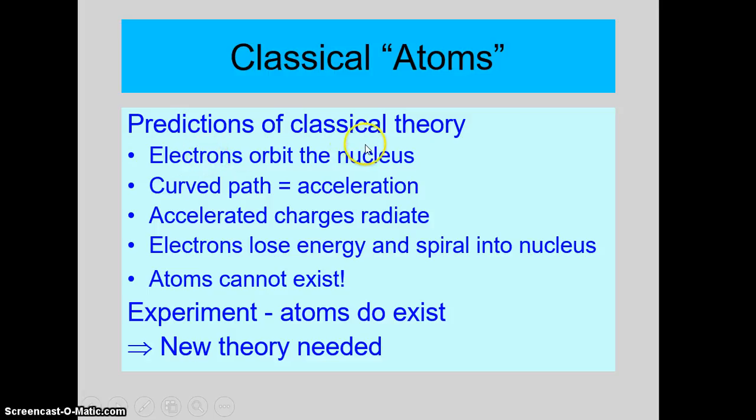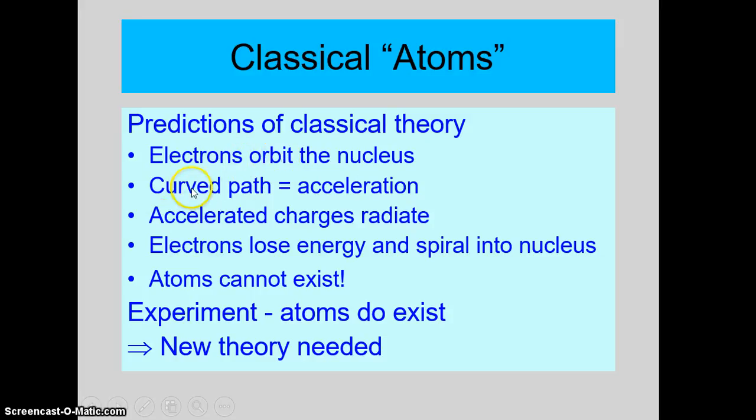So, electrons. The first thing, and this is not right, just understand that people imagine electrons orbiting the nucleus, the way planets orbit a star, like the Earth orbits the Sun. That's completely wrong, and we're going to see why.